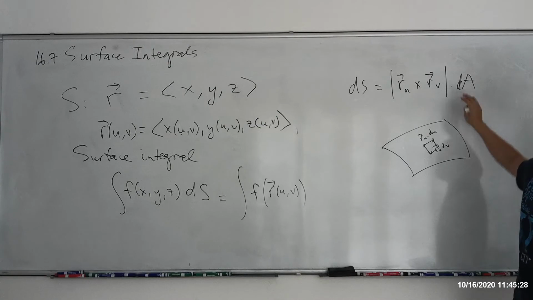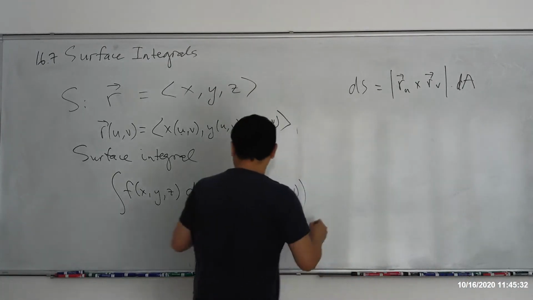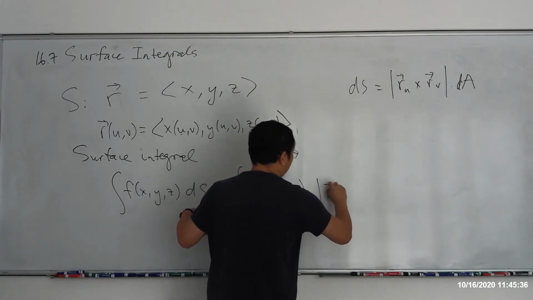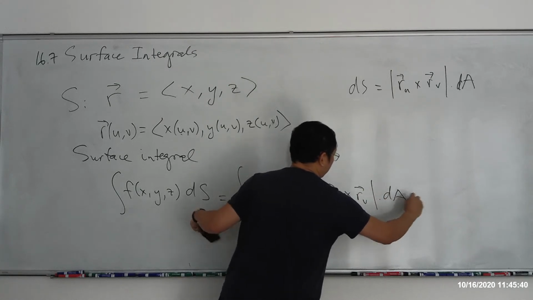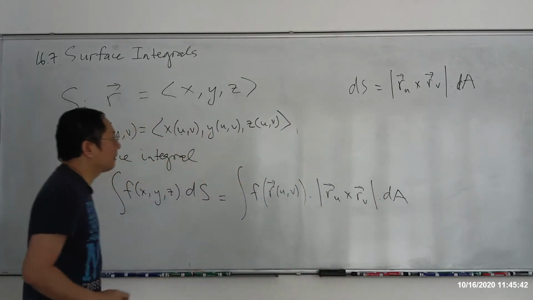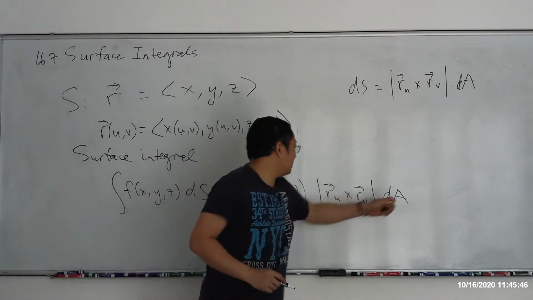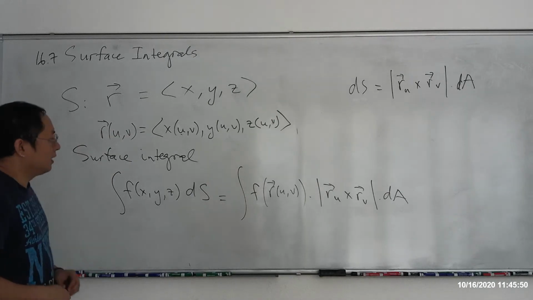The dA here is du dv. So ds is the magnitude of r_u cross r_v, times dA, where dA here really is du dv. And this is the definition of the surface integral that we learned.